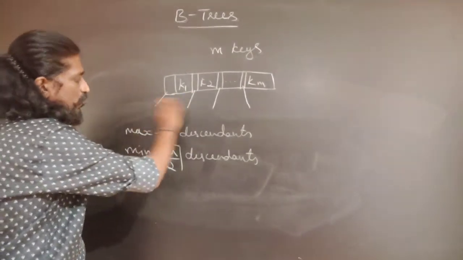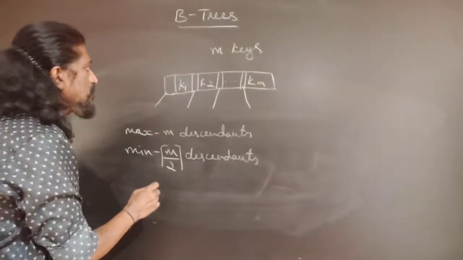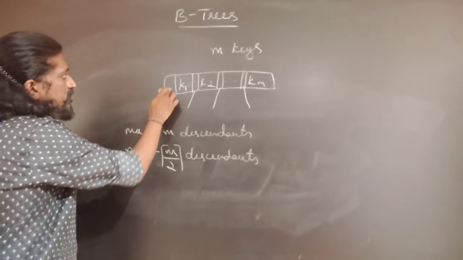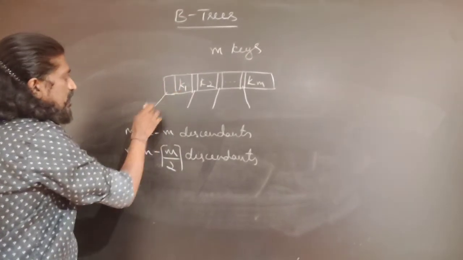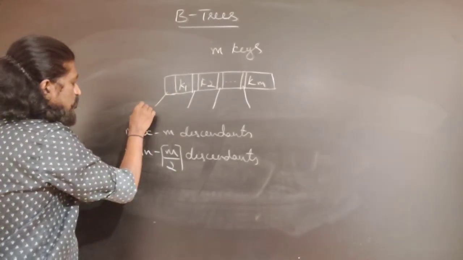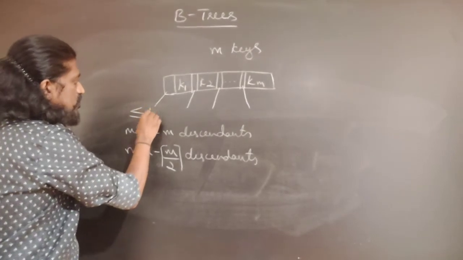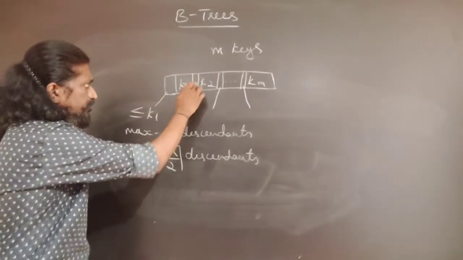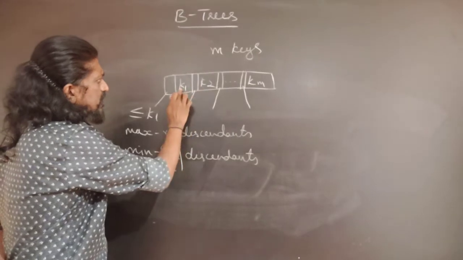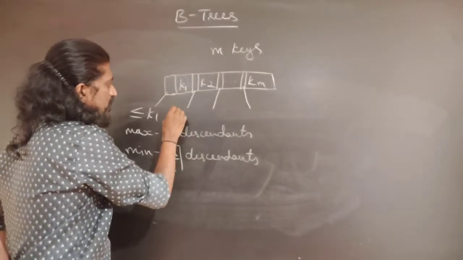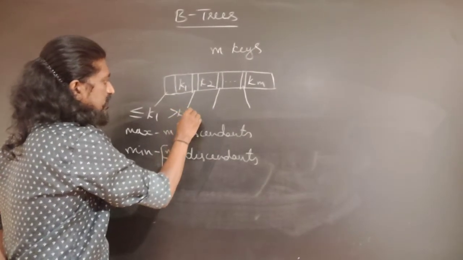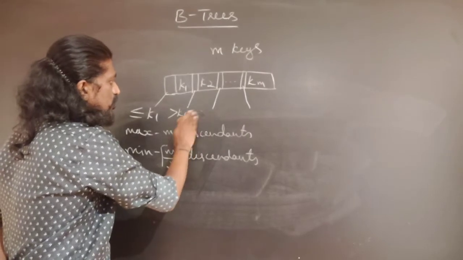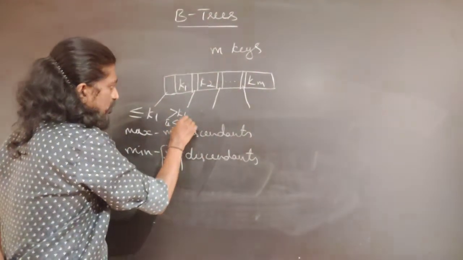So there will be m descendants. There will be a subtree to the left of key k1, and it will have all those keys that are less than or equal to k1. There will be a descendant in between k1 and k2, which will have all those keys that are greater than k1 and less than or equal to k2.